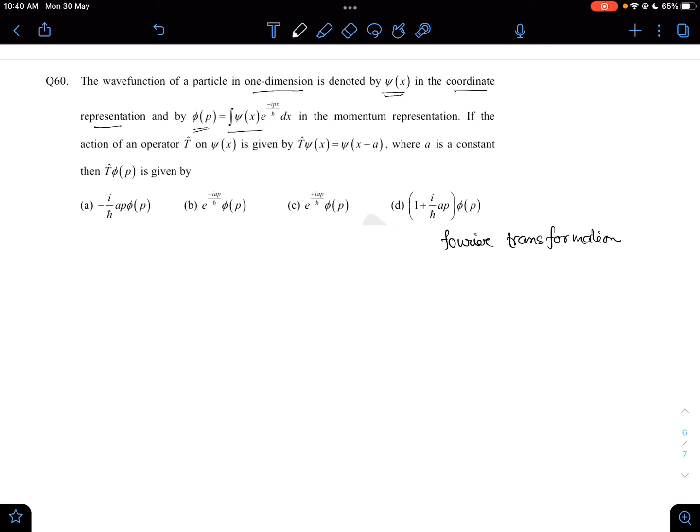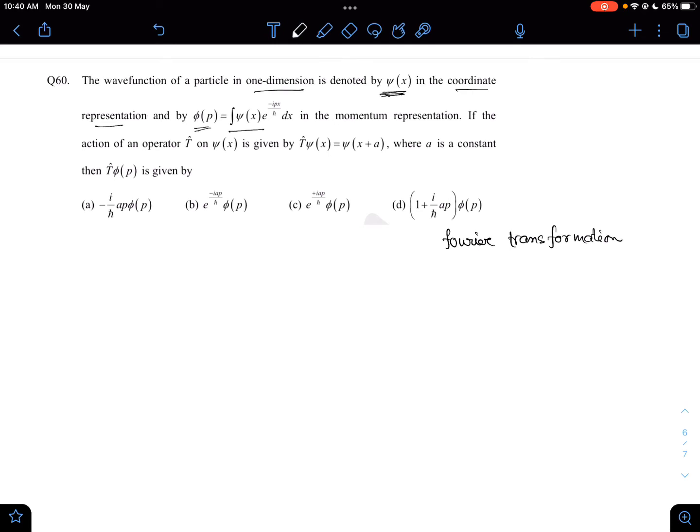If we have the wave function in position coordinate, we can convert it to the wave function in momentum coordinate by this Fourier transformation, e to the power minus i px by h cut dx. This is how we can get from the position coordinate wave function to the momentum coordinate one, and vice versa.